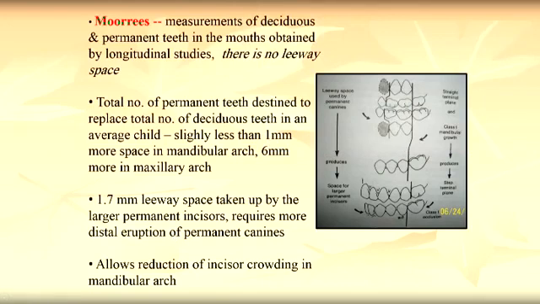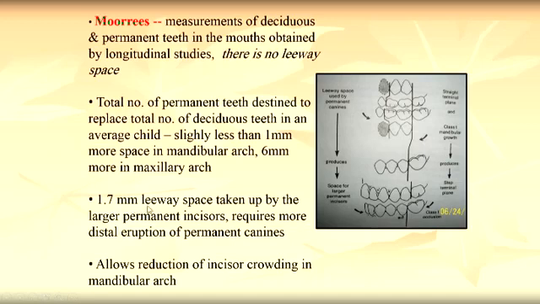Moorrees measured the deciduous and permanent teeth in the mouth, obtained by longitudinal study. There is no leeway space, as shown here in this picture. The total size of the permanent teeth designed to replace the deciduous teeth in an average girl is slightly less than 1 millimeter more space in the mandibular arch, and 6 millimeter more in the maxillary arch.